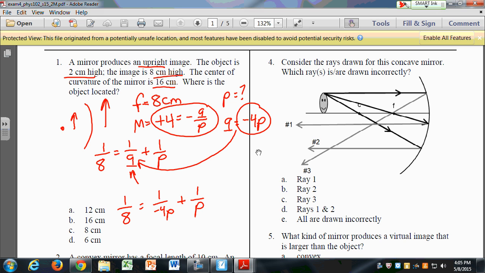Am I doing this right? Yep. All right, and then I solve this for p. This becomes 4 over 4p, so I get 1 over 8 equals 3 over 4p. D is the right answer.